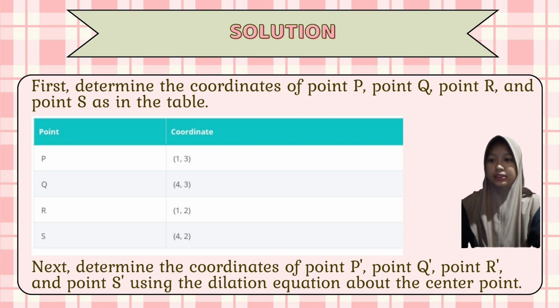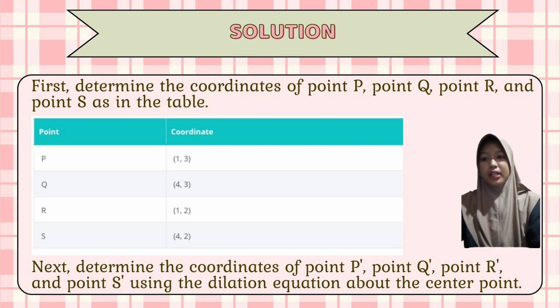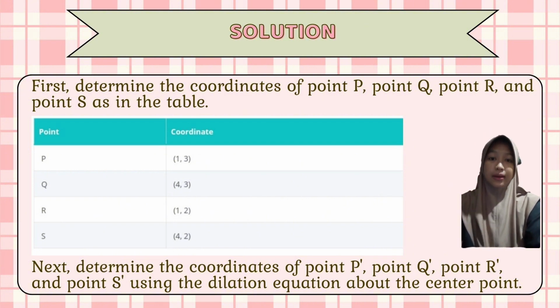The solution? First, determine the coordinates of point P, point Q, point R, and point S as in the table. Next, determine the coordinates of the image of points P, Q, R, and S using the dilation equation about the center point.